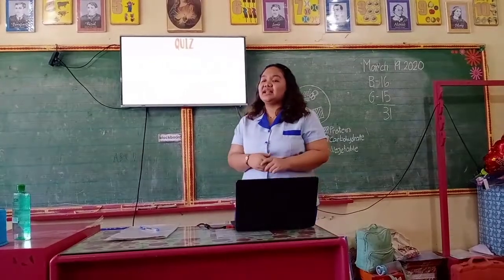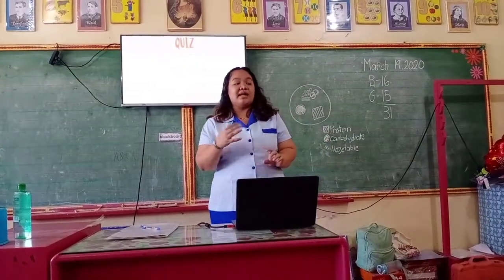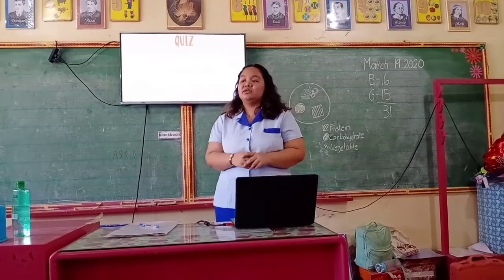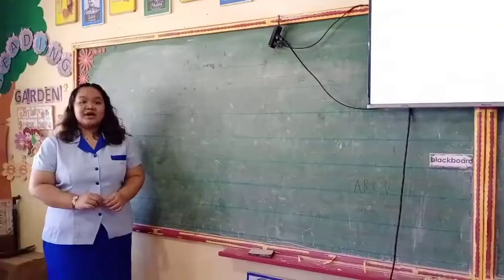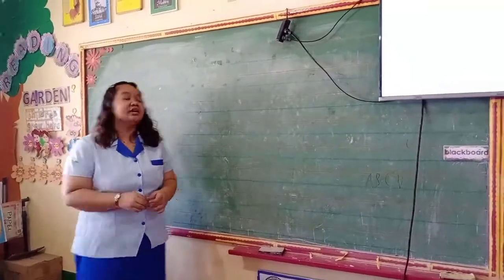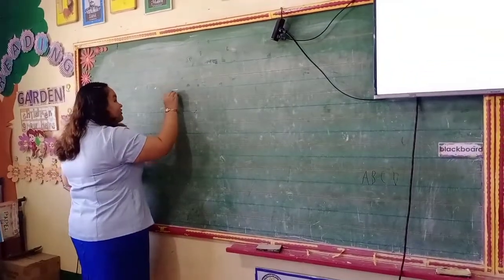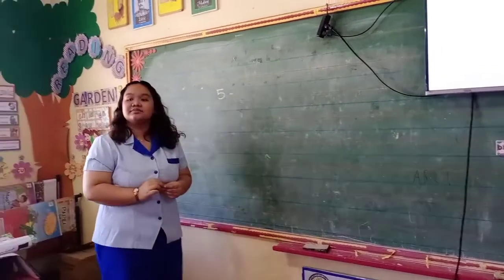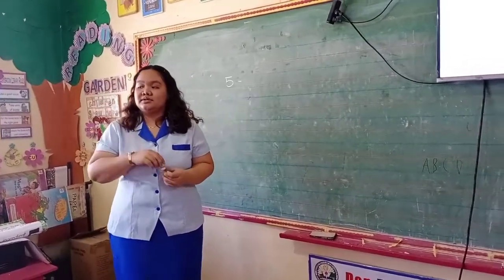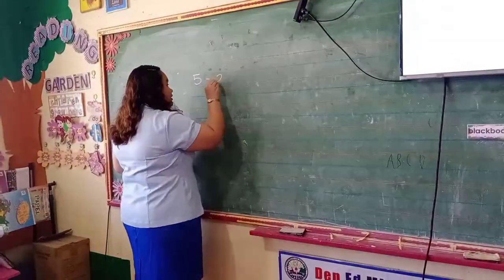So with that, kindly count the correct answers of your seatmate. Write the total score above. Okay, class, kindly raise your right hand if I call your score. For those who got 5, kindly raise your hands. Okay, 25.